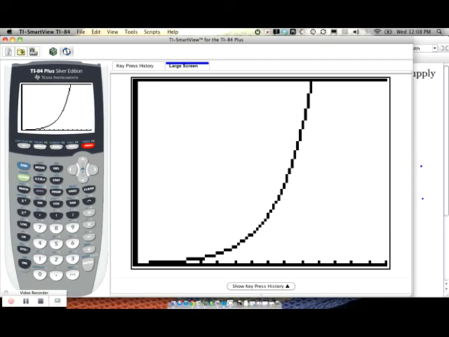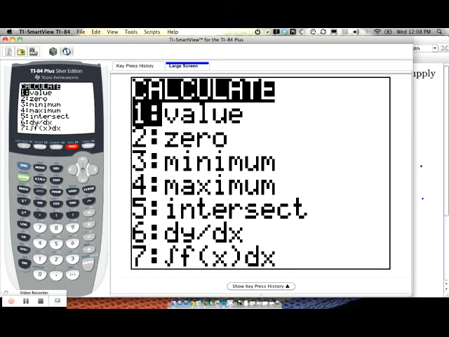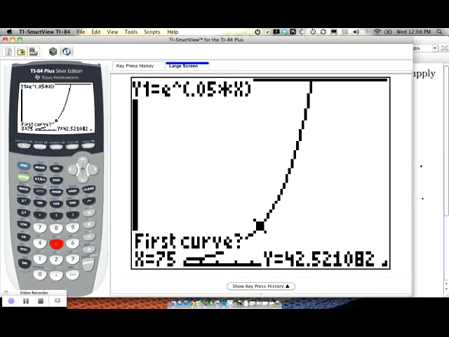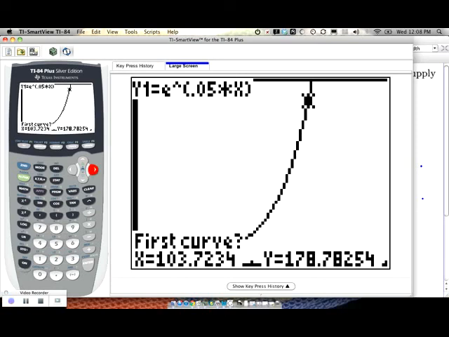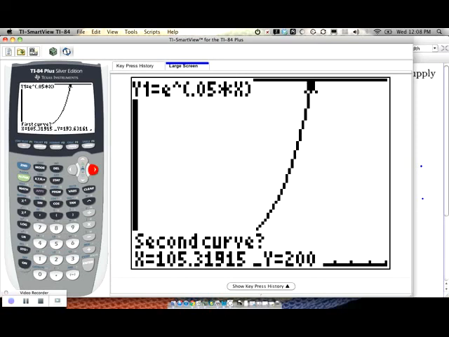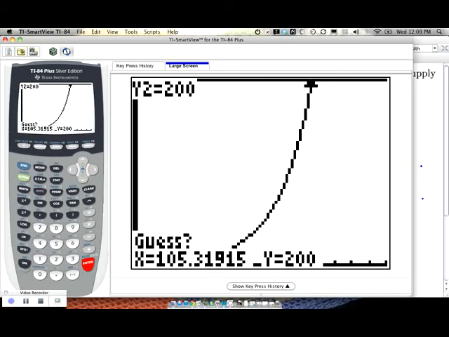First curve, we know it's going to be at about 100, I think. Just past 100 almost. And then the second one, that looks about good. Guess. So it looks like about 105.96635. So t equals 105.96635.